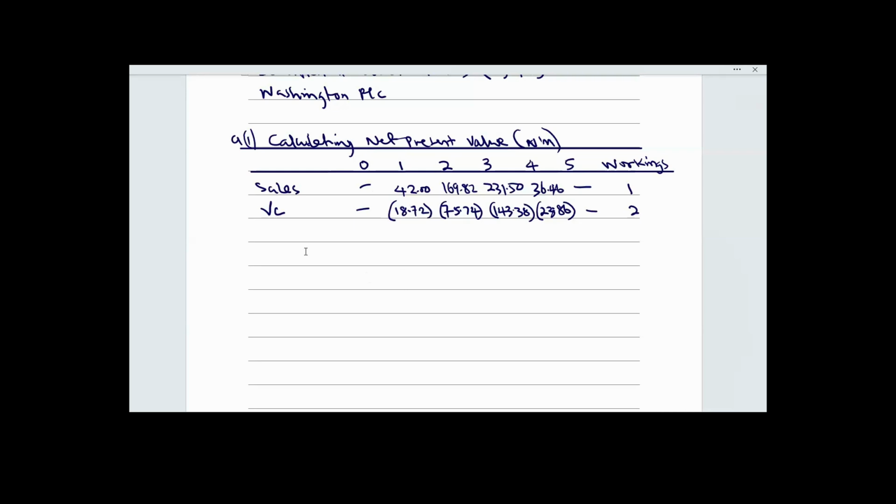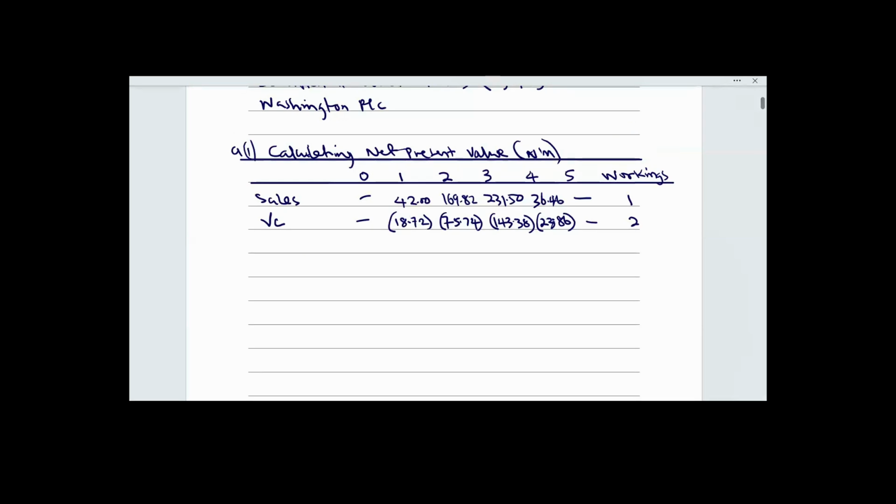Number 2, if you are given a fixed cost that includes depreciation, what are you supposed to do? You will calculate annual depreciation and you deduct it from the fixed cost. Whatever you have thereafter is a relevant fixed cost. Then number 3, if you are given a fixed cost that excludes depreciation, that fixed cost is relevant. You have to include it.